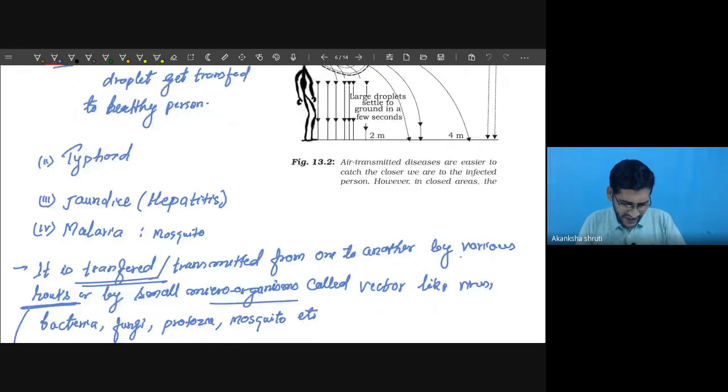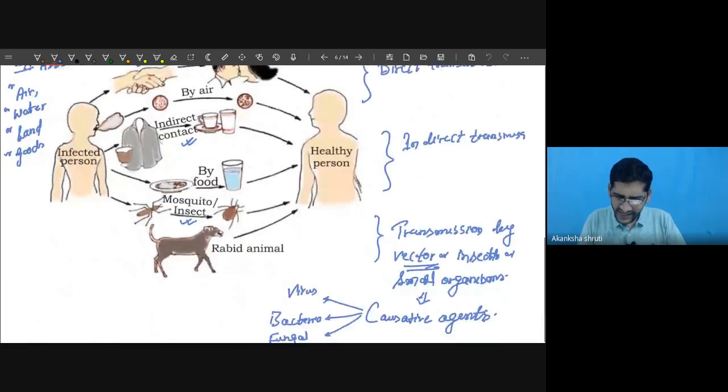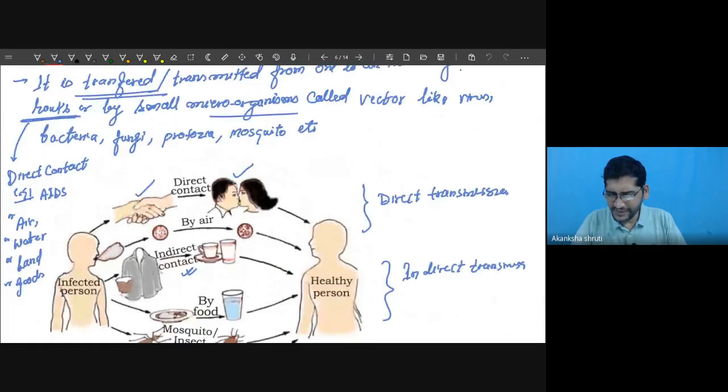Examples are typhoid, jaundice, malaria. Communicable disease may be by direct contact, like AIDS, which occurs by direct contact.